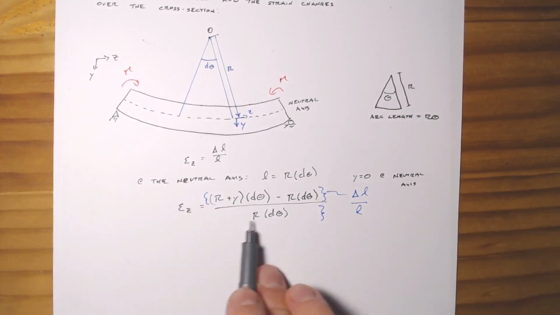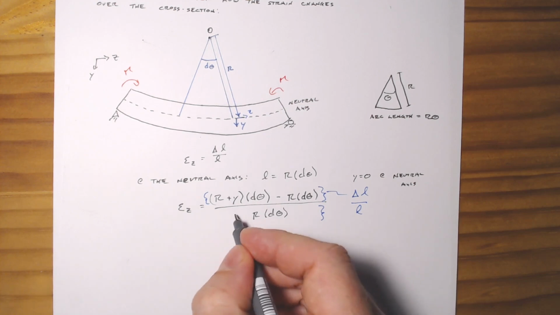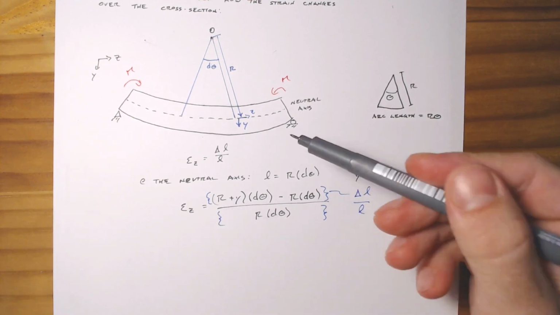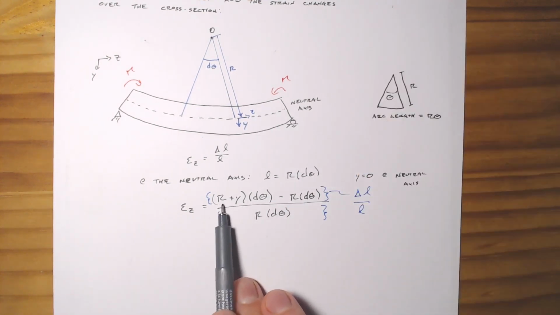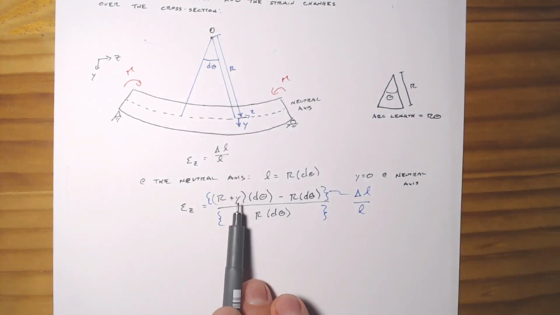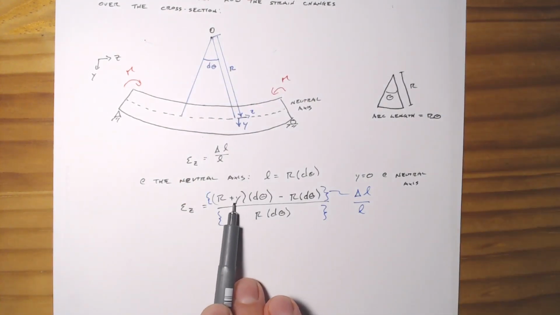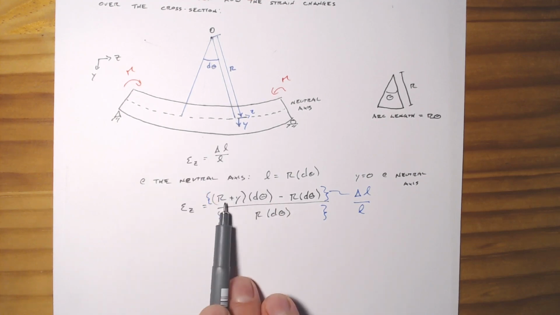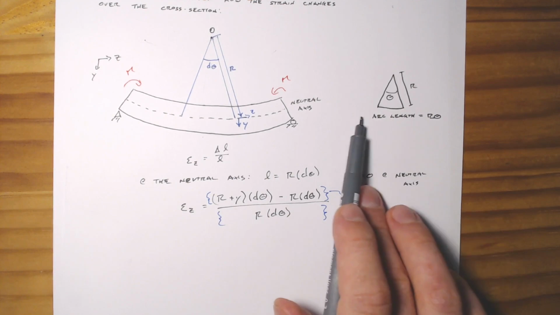And so again, all of this is doing is setting up strain, where we have our original length, and then we want what our change of length is going to be. And our length is simply going to change as a function of moving away from the neutral axis. So if we move away, the beam gets longer, so our arc length gets longer.